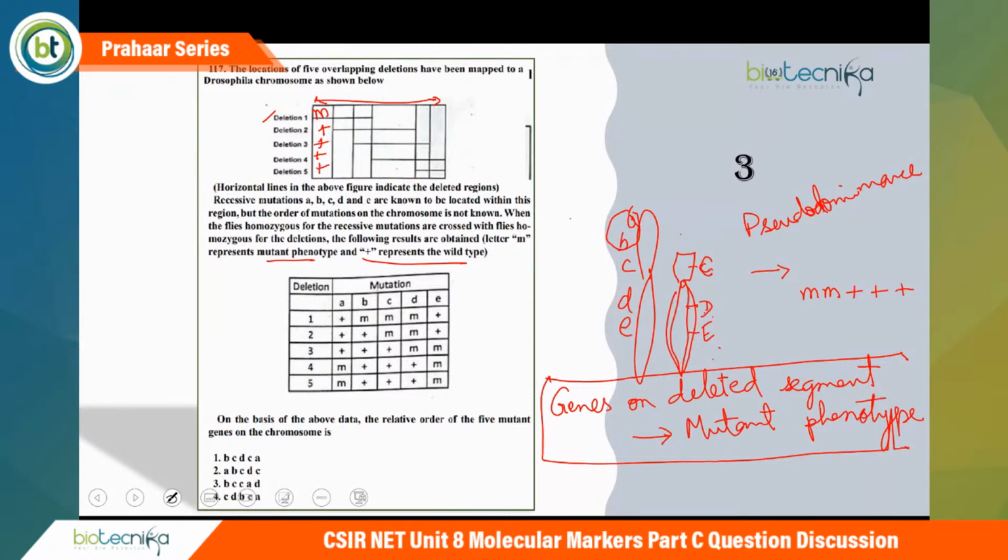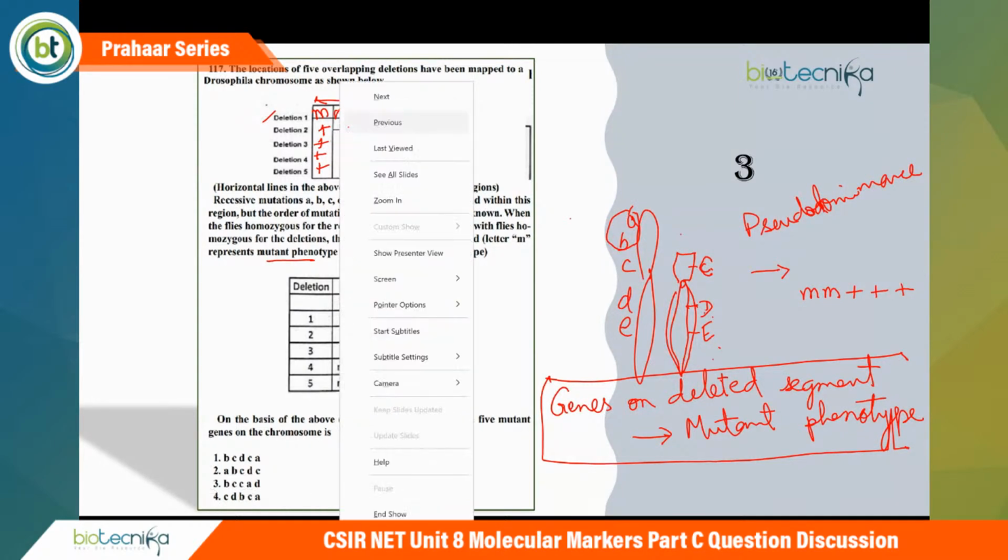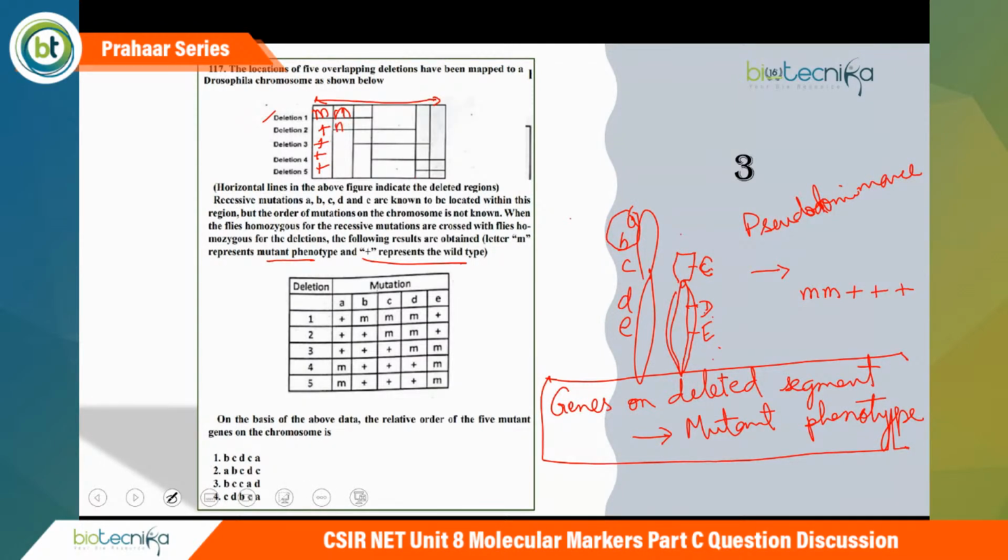Next, go to the next segment. Again, here is a deletion, so M. Here is a deletion, so M. Here plus plus plus. Now again deletion, so M, M, M. Here plus plus.